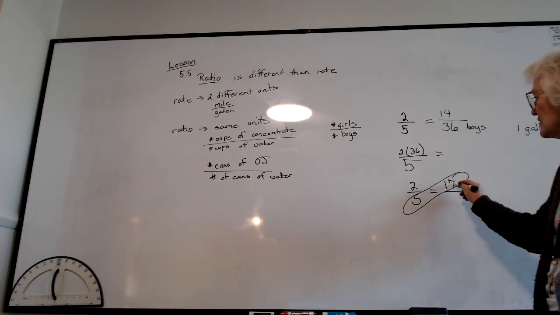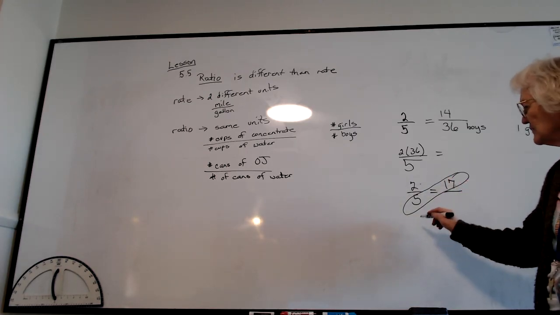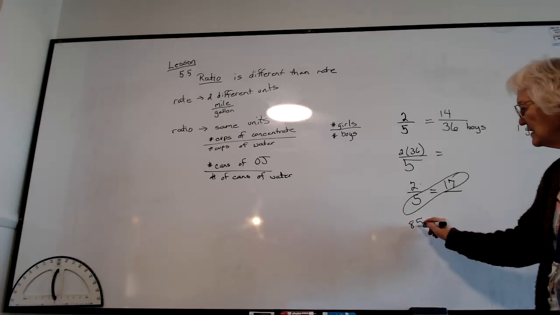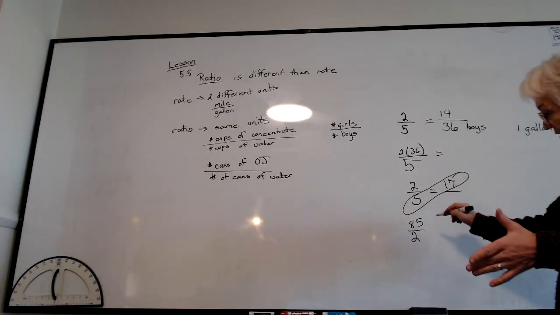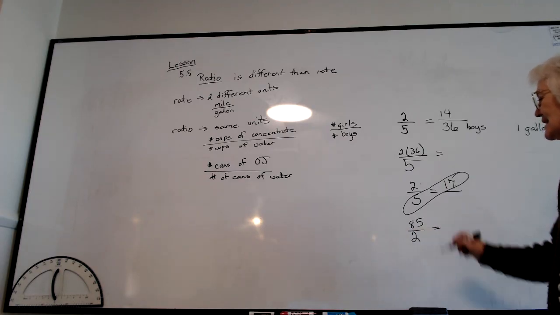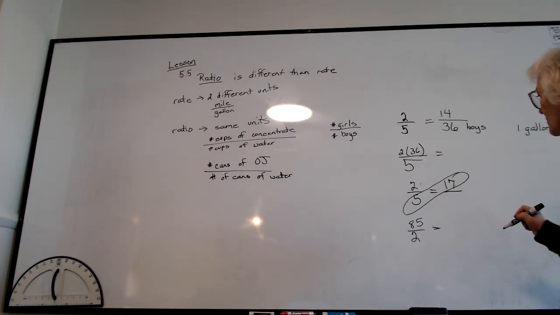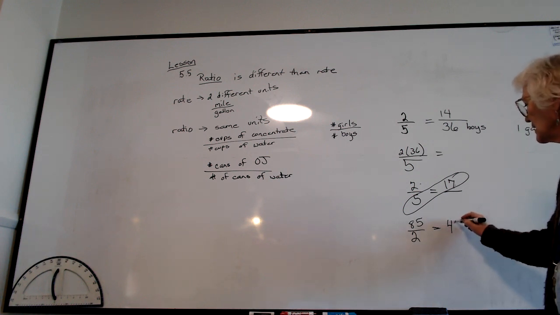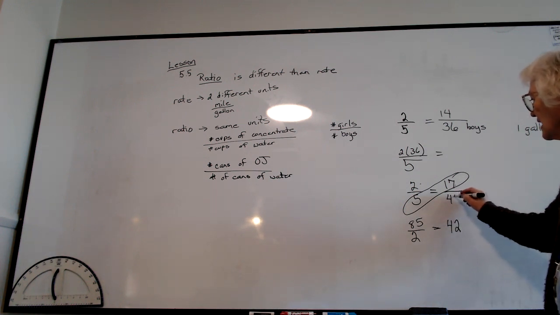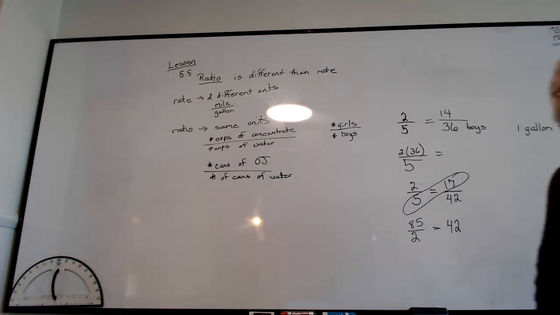So 5 times 17, which I believe is 85, divided by 2. How many boys would you have? 42.5. Well, again, we would round down because you can't have a half a boy.